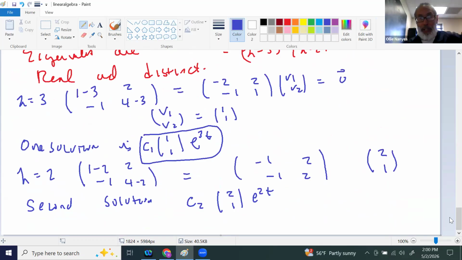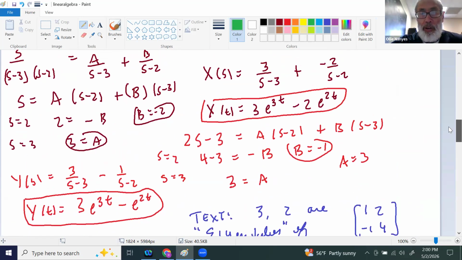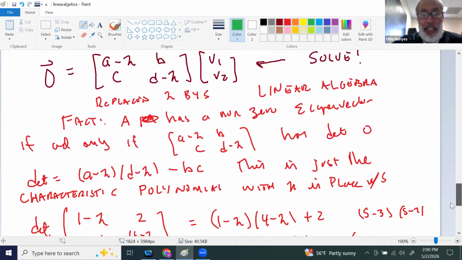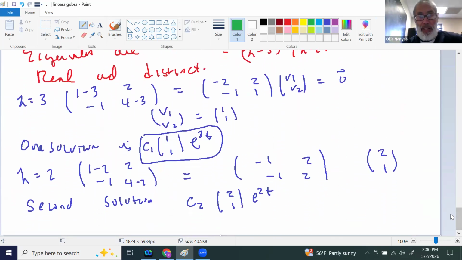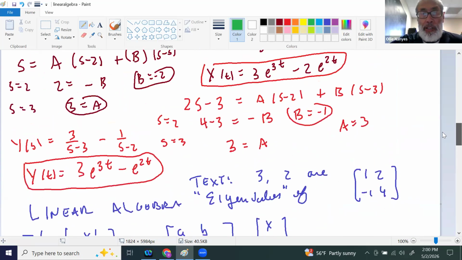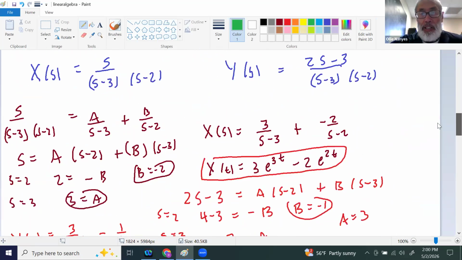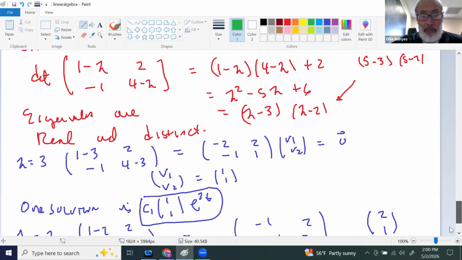So the solution we obtained at first, I should point out, for our problem, C1 is 3, and then the second one, C2, is negative 1.